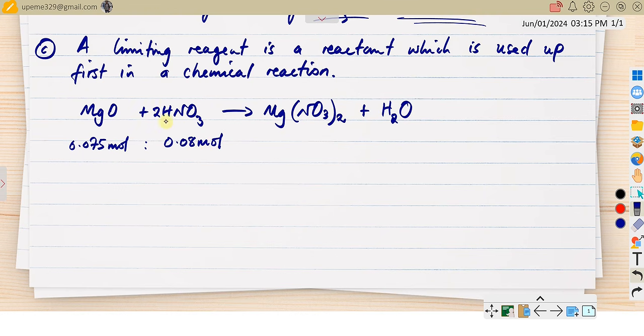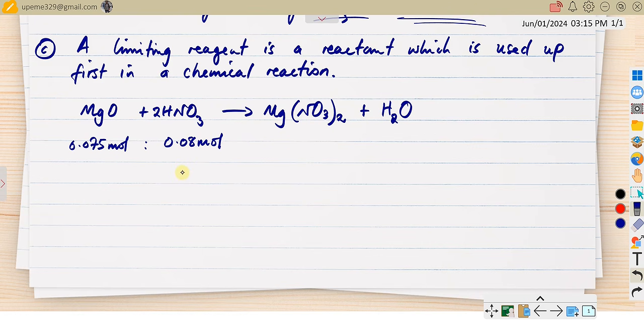So this is what we were provided. So these are the moles. Here we calculated that the moles provided for magnesium are these, for nitric acid are these. Now between this one and this one, which ones were less? So the ones which were less will become the limiting.